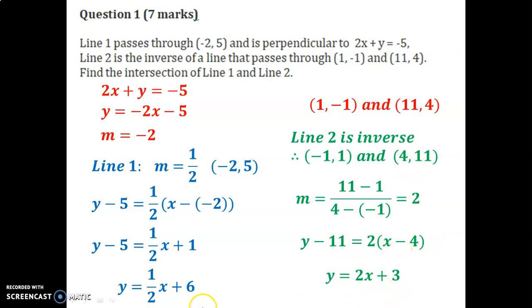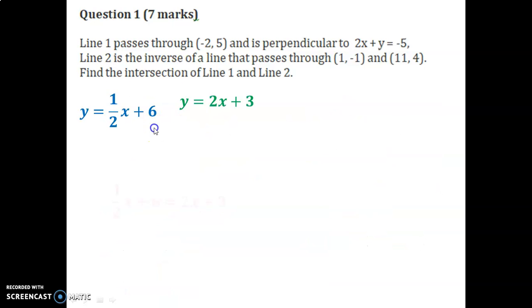So finally, we have the equations of line 1 and line 2. An alternative way to do this one would have been to find the equation of this line and then find the inverse of it, and that would give you the slope of the line you need. Alright, so let's check.